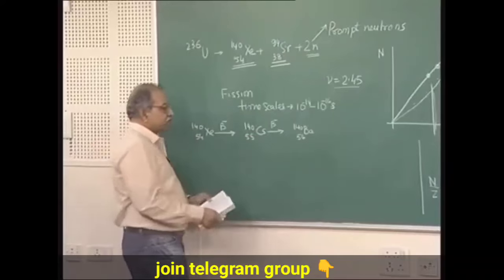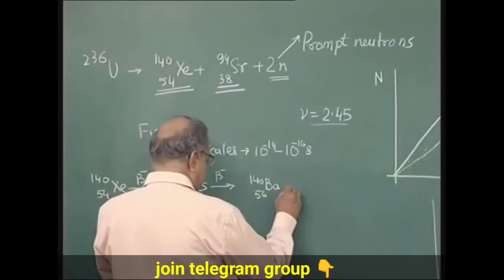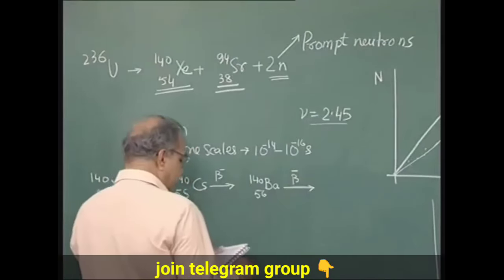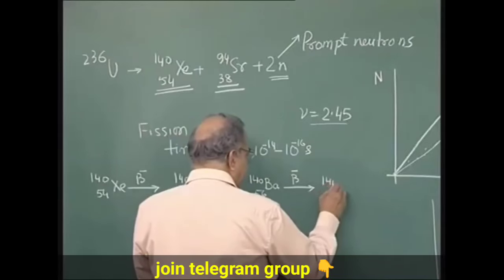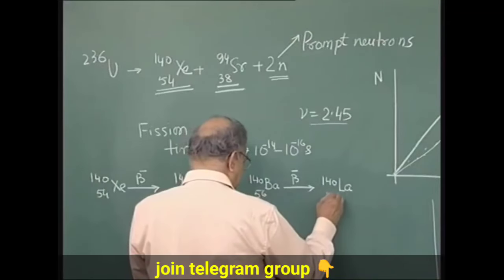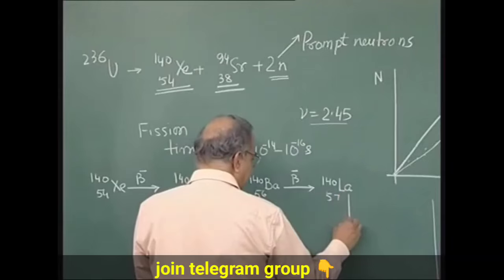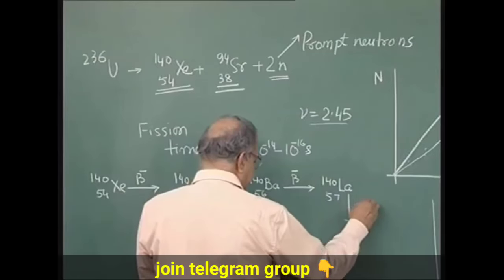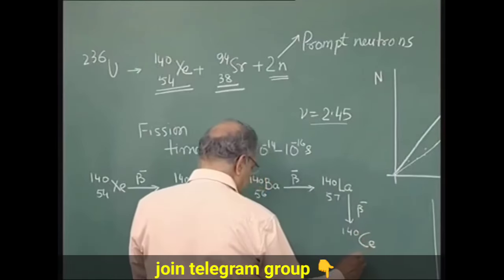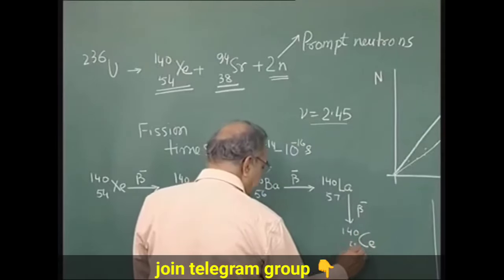Then this is also radioactive, so it beta decays to 140 La, lanthanum 57, and then finally it decays to 140 Ce, 58. This is stable.